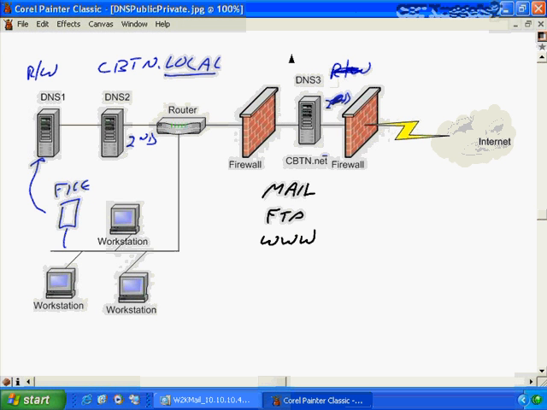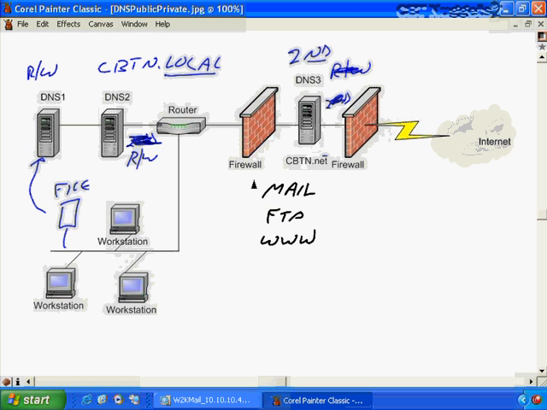Another alternative would be, if you want, you could make another DNS server internally here. You could make it the primary read-write for your public records over here, and this would not have any host records for your private network here. Only this one would. So you've got two read-write ones, but this one is only dedicated to this particular DNS server here, because this one's the primary, and it transfers the records to the secondary.